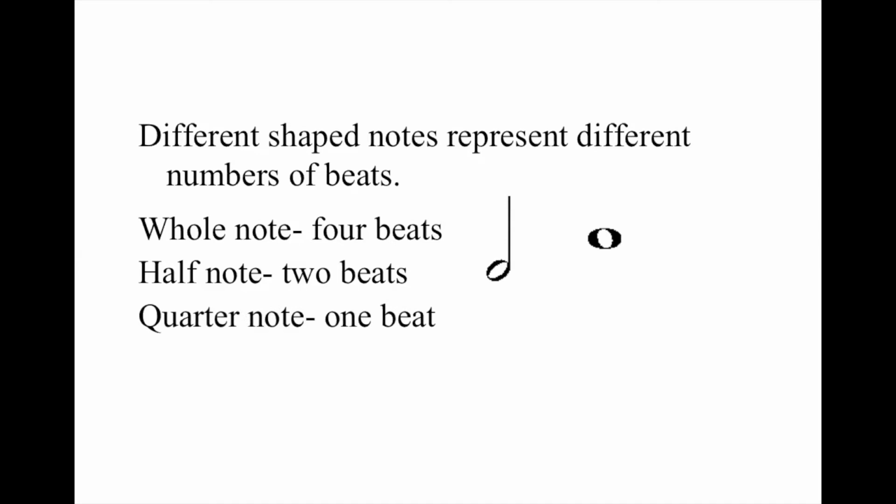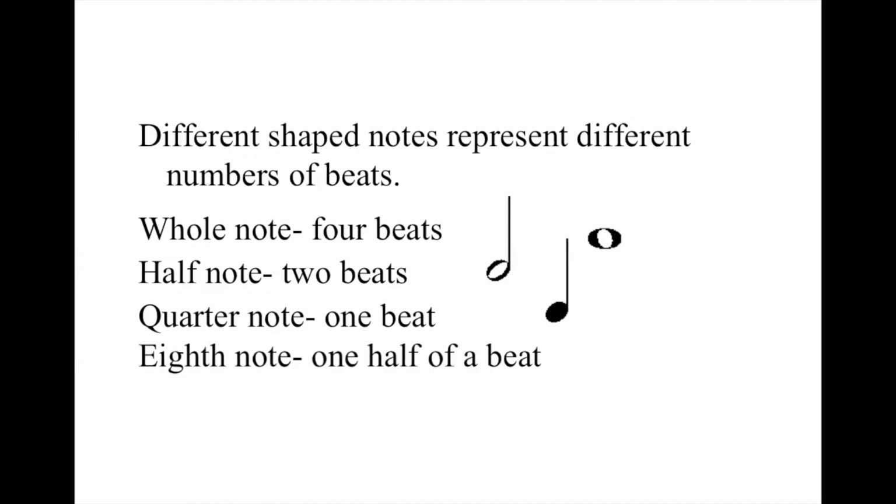The next division is the one we talked about earlier, the quarter note, the black oval with the stem, and that represents 1 beat. If we add to the quarter note a flag, which is that wispy part you see there, that gets 1/2 of a beat. And where you have more than one of those in a row, that little flag will go straight across to the one next to it, and then it's called a beam.